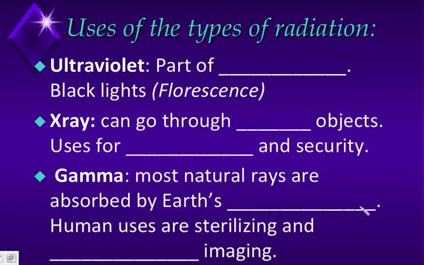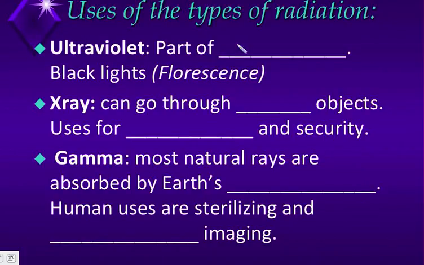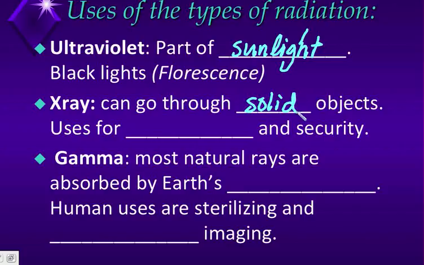Ultraviolet, we know we get a fair amount of UV rays from the sun, being so close to it. Black light is also producing some ultraviolet light for us. X-rays, we know, can go through some solid objects. Mostly we use that for skin, bones, right? We can check out different medical uses for X-ray.